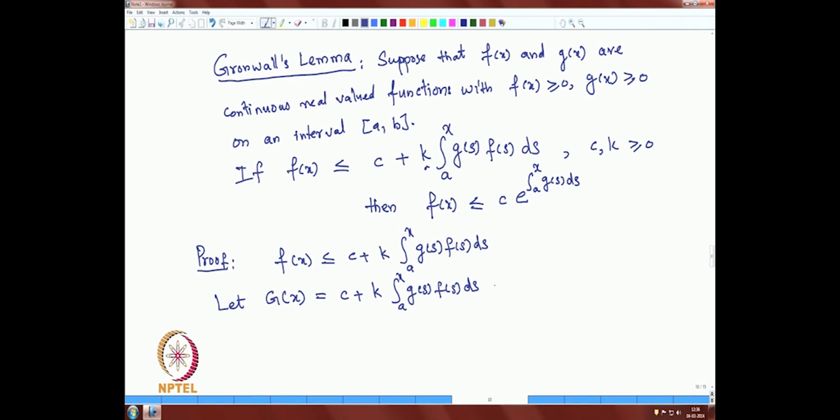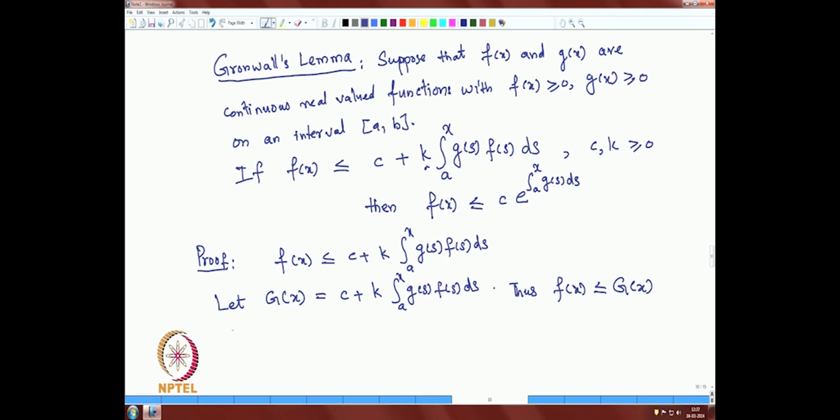Thus, f(x) is less than or equal to G(x) by definition. It is a hypothesis, because G(x) is your RHS. So, f(x) is less than or equal to G(x).